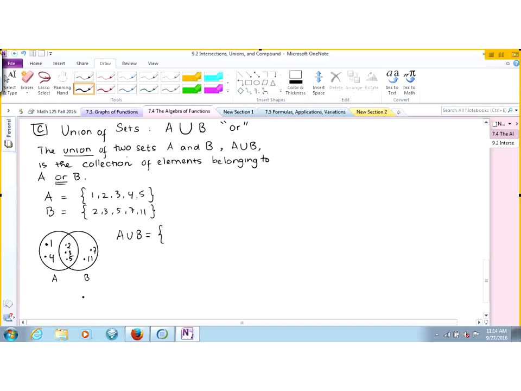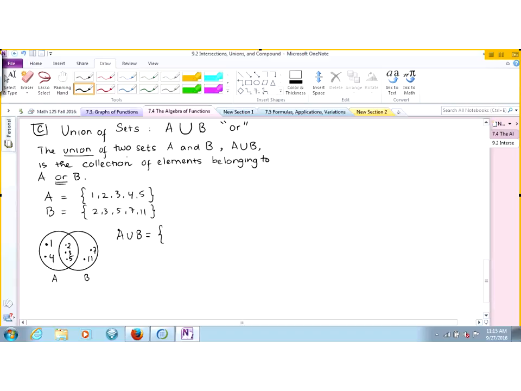So it belongs to A or B. Which one belongs to A or B? Does 1 belong to A? Yes. Does 2 belong to A?